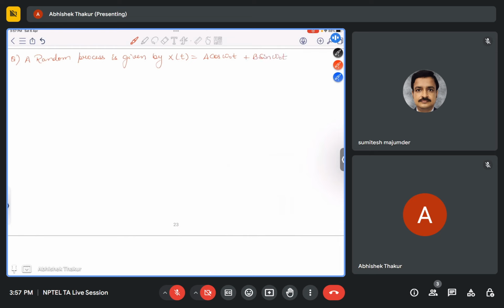This was a previous year GATE question in the EC department. ω₀ is constant.